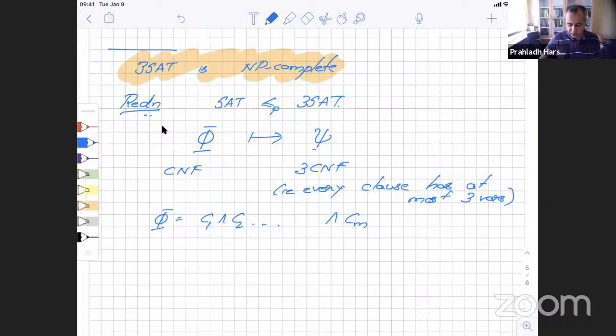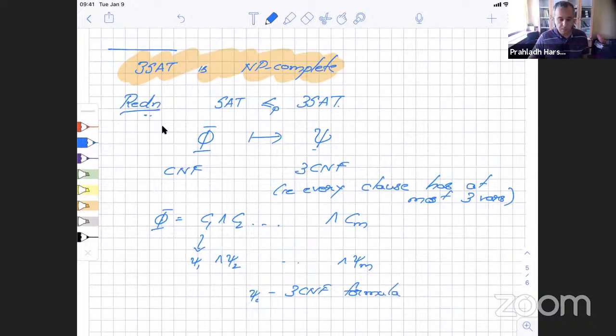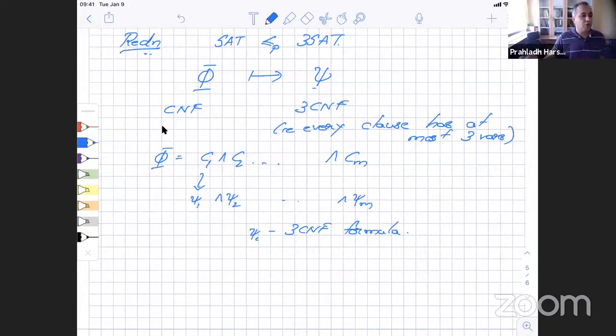What we are going to do is we're just going to make one pass on this, and we are going to convert this into psi1 and psi2 all the way up to psi_m, using the same variables or more variables, such that each psi_i is a 3CNF formula. So we'll take every clause of the original formula, convert it to another clause on the same variables, or possibly more variables. So what will that be?